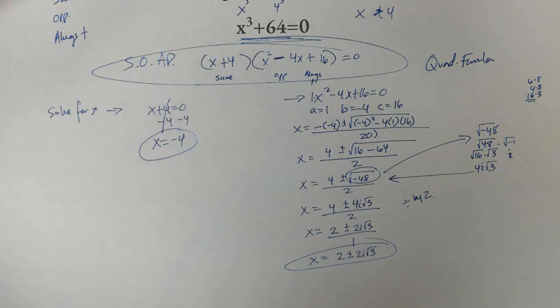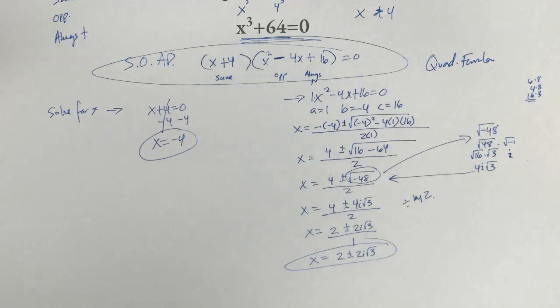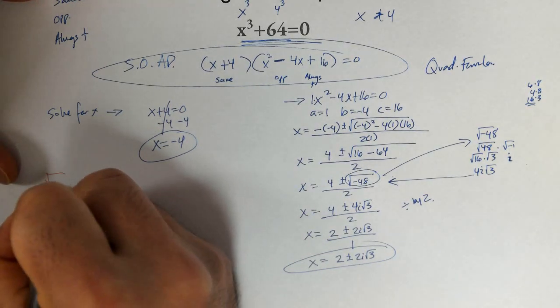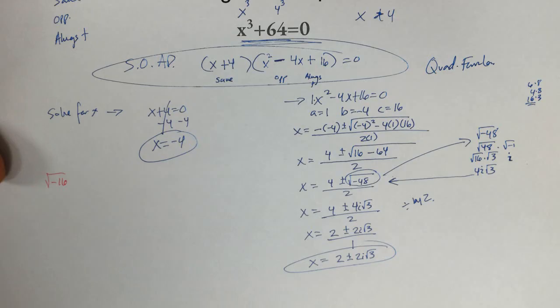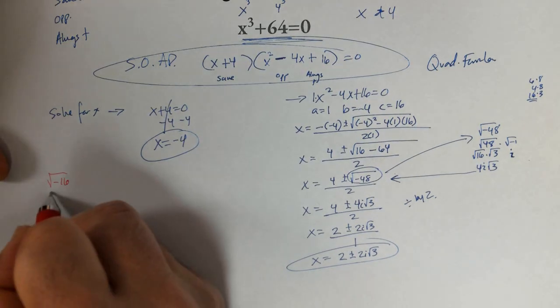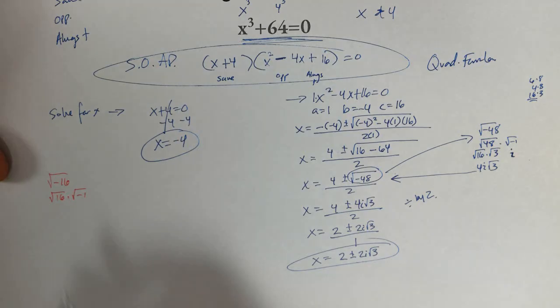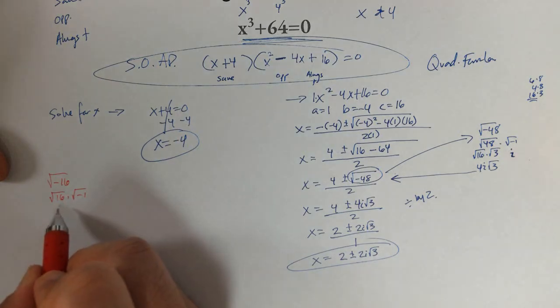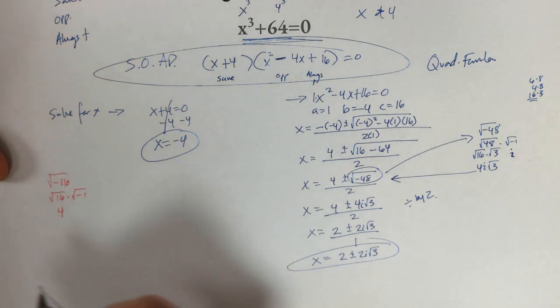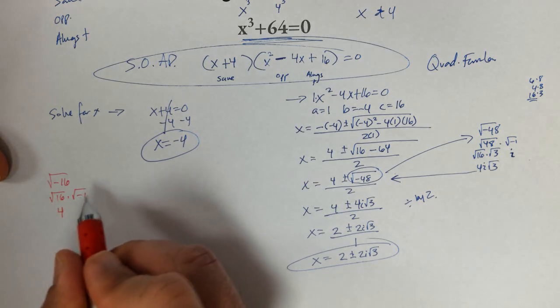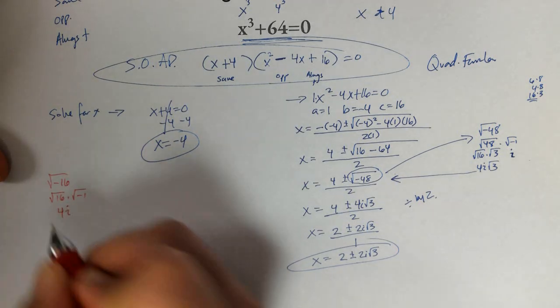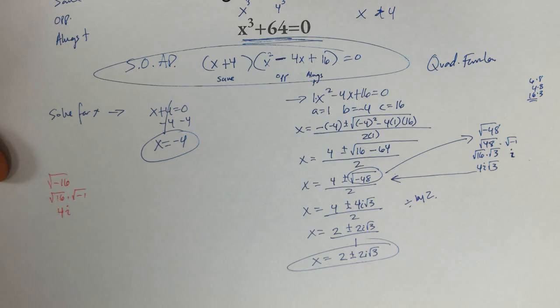Let's try some examples here, just in case you would like some more practice. Let's say that we have the square root of -16. This is just the square root of 16 times the square root of -1. Now, 16 is a perfect square. This is just 4. And the square root of -1 is an imaginary number. It's 4i.